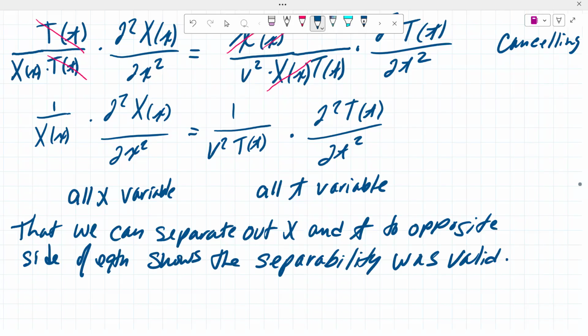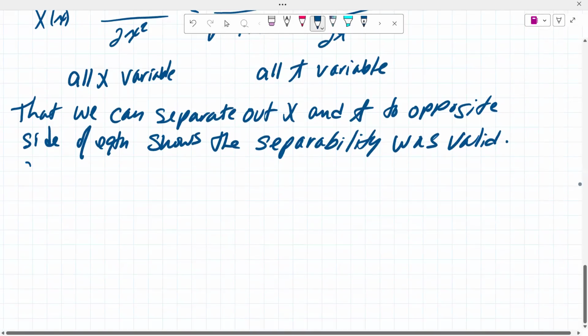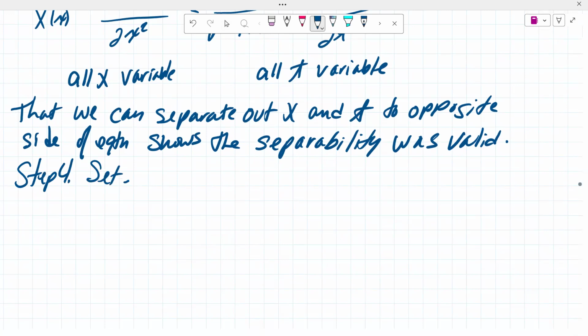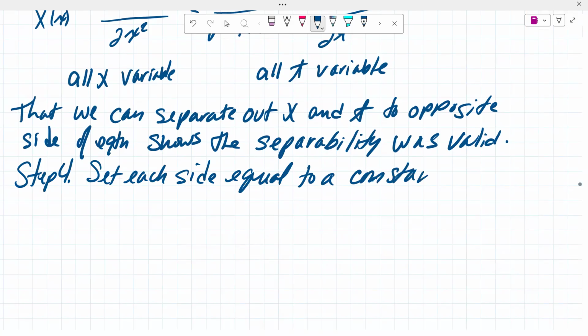All right, next, step 4, set each side equal to a constant k. Why can I do that? Well, if two things are equal to each other, then they should be able to be solved for a number.